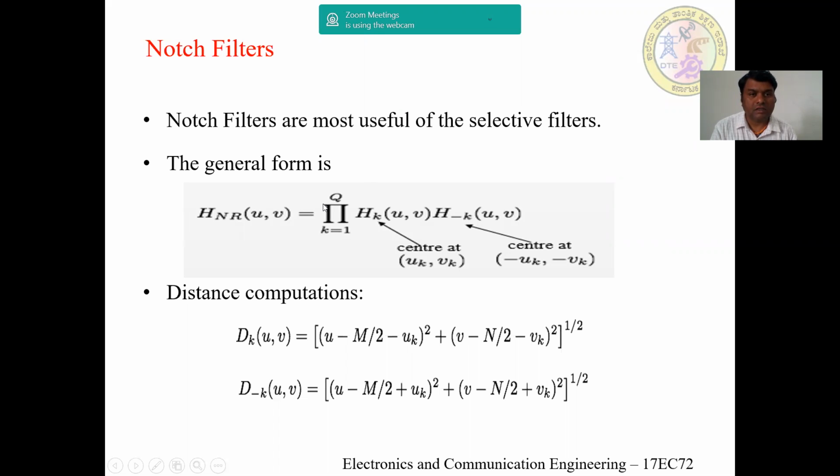The general form is H_NR(u,v) = product of k from 1 to Q of H_k(u,v) times H_-k(u,v). H_k(u,v) and H_-k(u,v) are high pass filters whose centers are at (u_k, v_k) and (-u_k, -v_k).